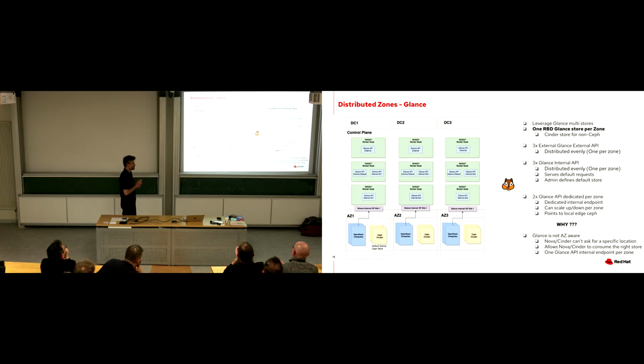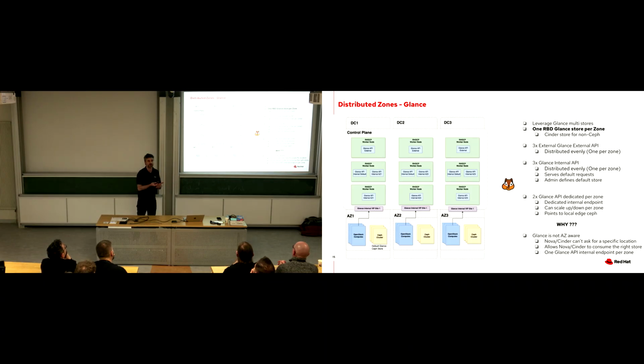But that's not enough. We need Glance APIs to be local to the zone so that it serves only that zone, because otherwise you could have some cross traffic for serving images or uploading images. So the Glance API internal default is just there to serve the default request, because there is a default store if you don't mention anything.